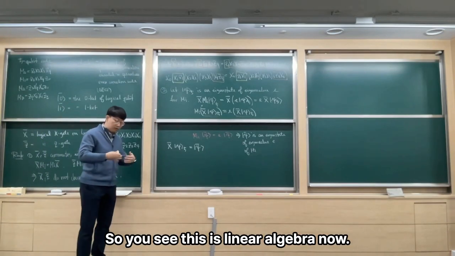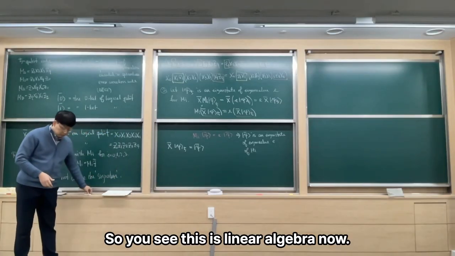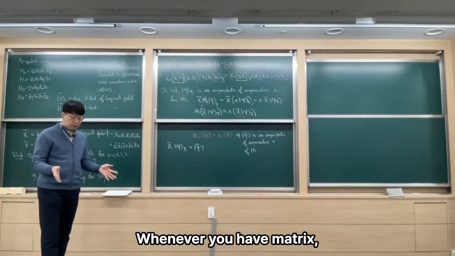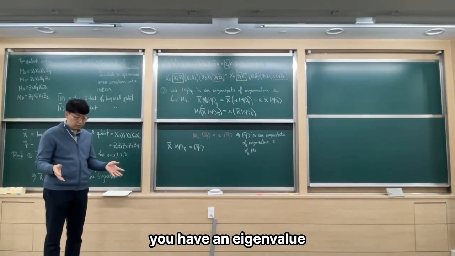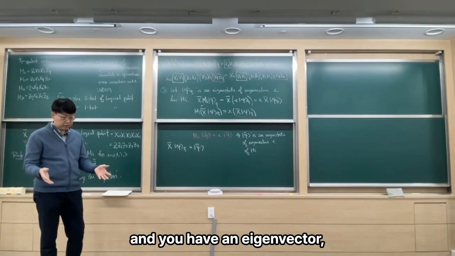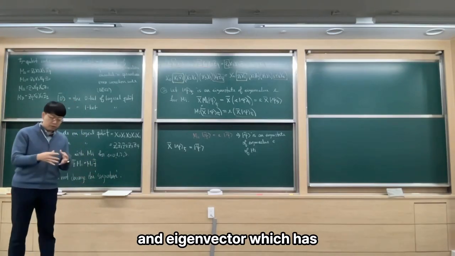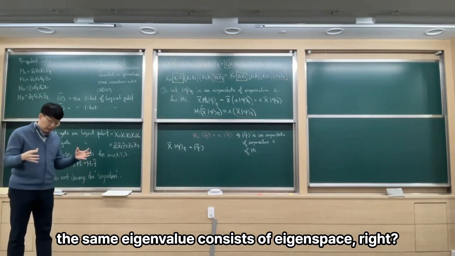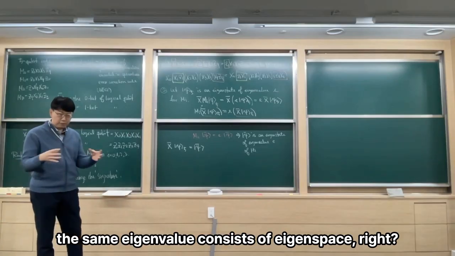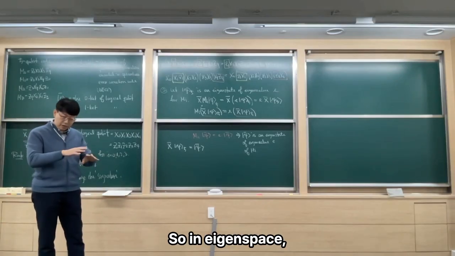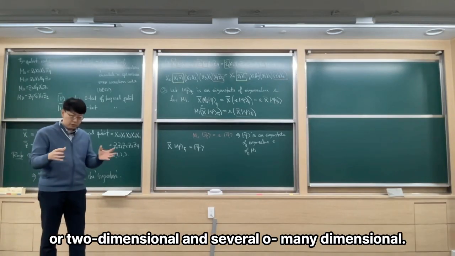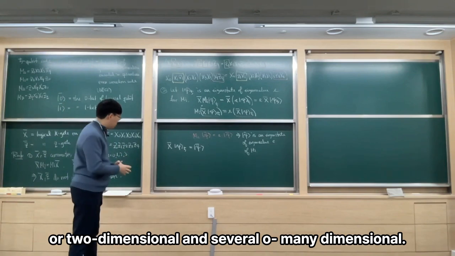So you see, this is linear algebra. Whenever you have a matrix, you have an eigenvalue and an eigenvector, and eigenvectors which have the same eigenvalue constitute an eigenspace, right? An eigenspace could be one-dimensional or two-dimensional or many-dimensional.